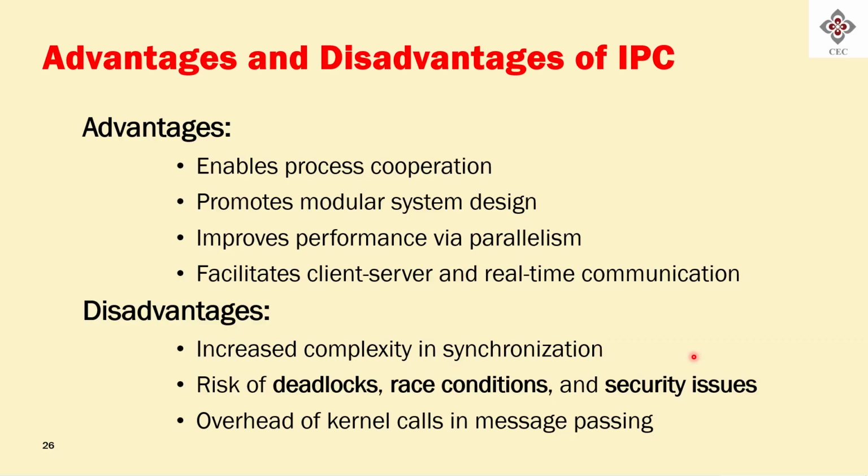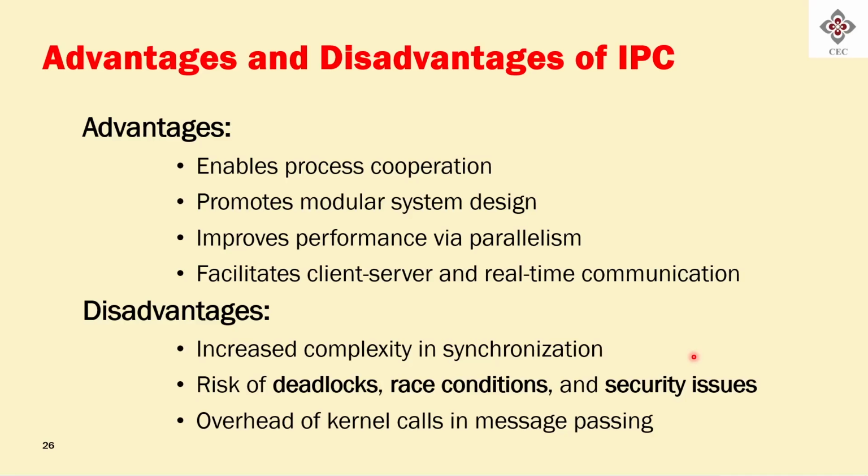Of course, anything will have advantages and disadvantages. From the disadvantage point of view, it increases complexity in synchronization. If you have multiple processes involved, we have to ensure that all these processes are mutually accessing the content without any conflict. In order to implement that, we need to implement synchronization mechanisms very carefully, otherwise it ends up accessing the wrong data.